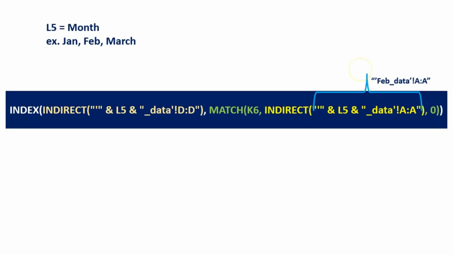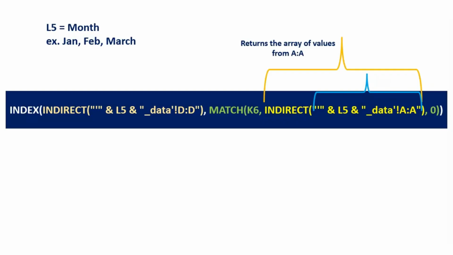So it will return the values present in column A for the feb_data worksheet. As an output, we are getting an array having the values of column A inside the feb_data worksheet.